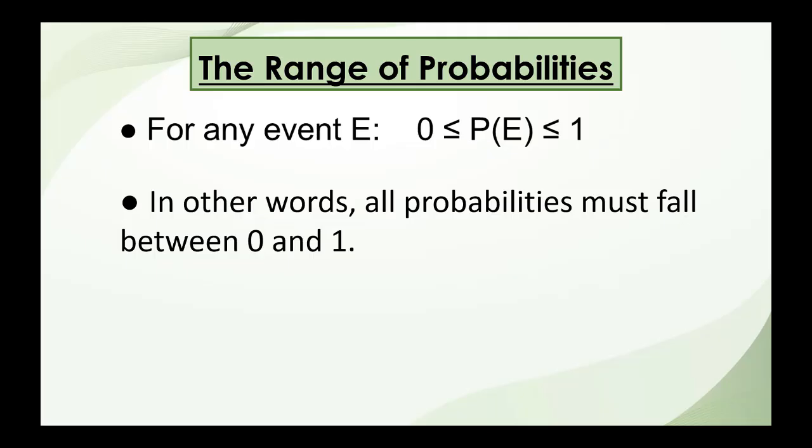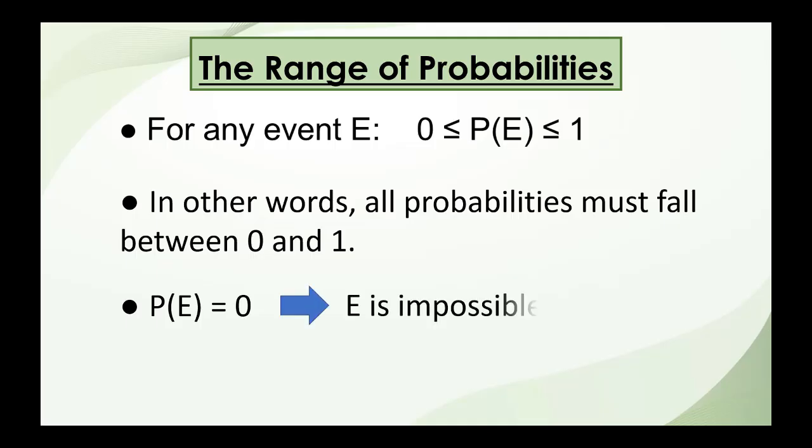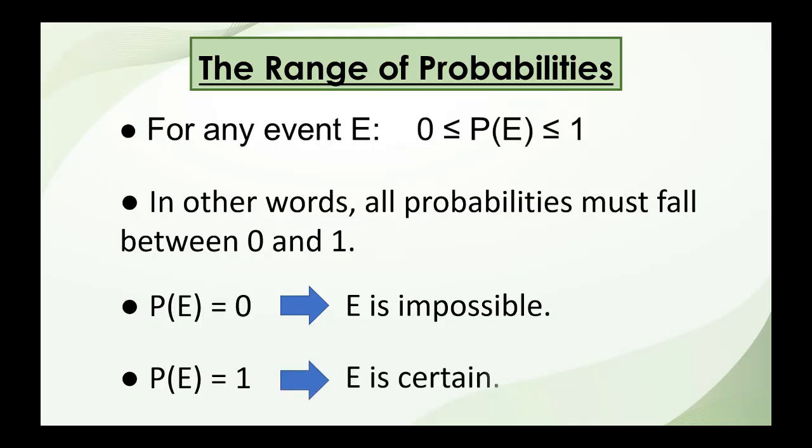Now, these endpoints have special names. If you have an event where the probability is 0, then we call that an impossible event. And if you have an event that has probability of 1, then we say that that is a certain event.